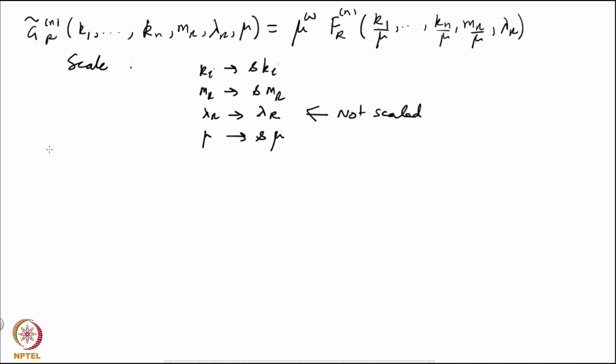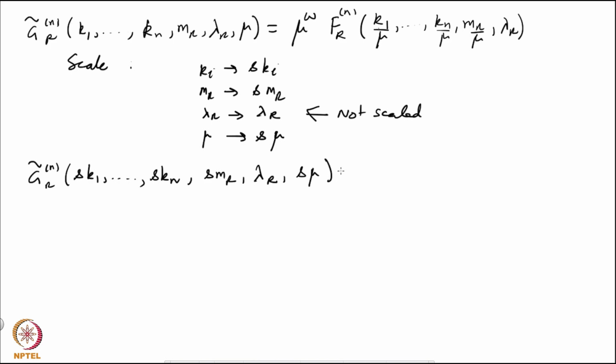So what do I get then? I get G tilde N R of SK1 up to SKN, SMR, lambda R, S mu.